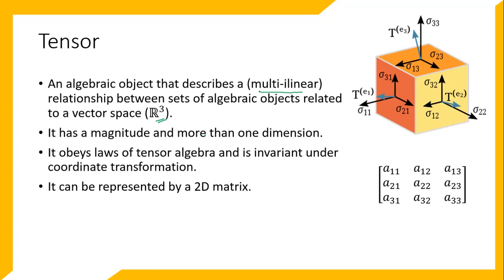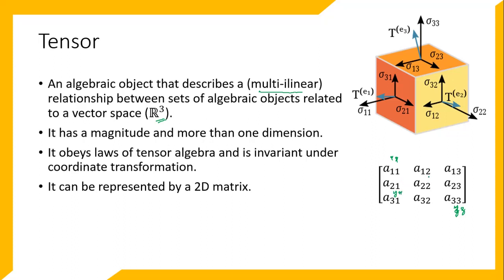All these elements, A11, A12 up to A33, represent the components of the tensor. A11 represents the component against the first direction, say the x direction, and it has two directions to be mentioned, so 33 is in the z direction, while say 21 is in the y/x direction. We will talk about this later in detail.